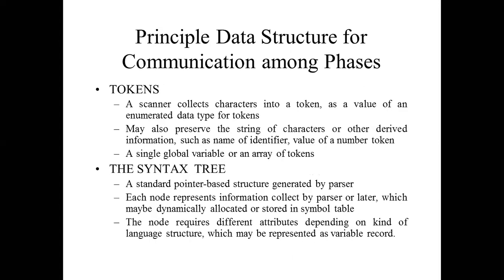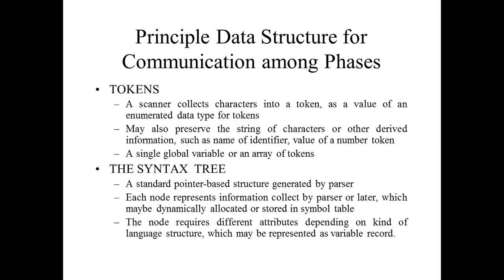Again, the principal data structures for communication among phases. So the data structures we use in the different phases. We have already studied the tokens. A scanner collects characters. Tokens are nothing but different numbers of characters, and these are called tokens, as a value of an enumerated data type for tokens.